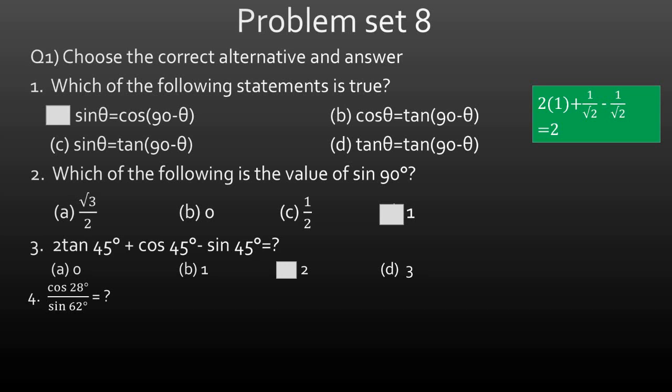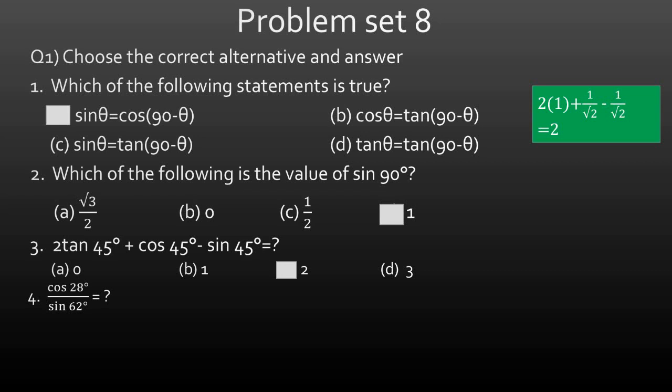So therefore, sin 62 degree and cos 28 degree, both the values will be equal. That is cos 28 degree is equal to sin 62 degree. So therefore, in the place of sin 62 degree, we can substitute cos 28 degree. So cos 28 will get cancelled and we will get the answer as 1.